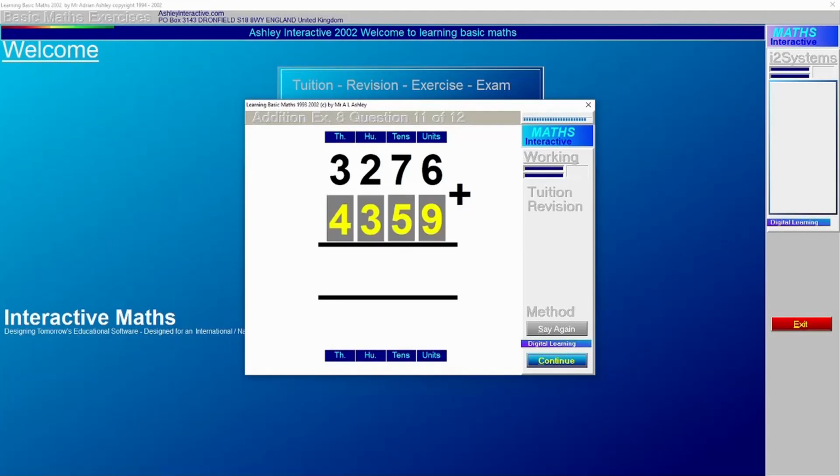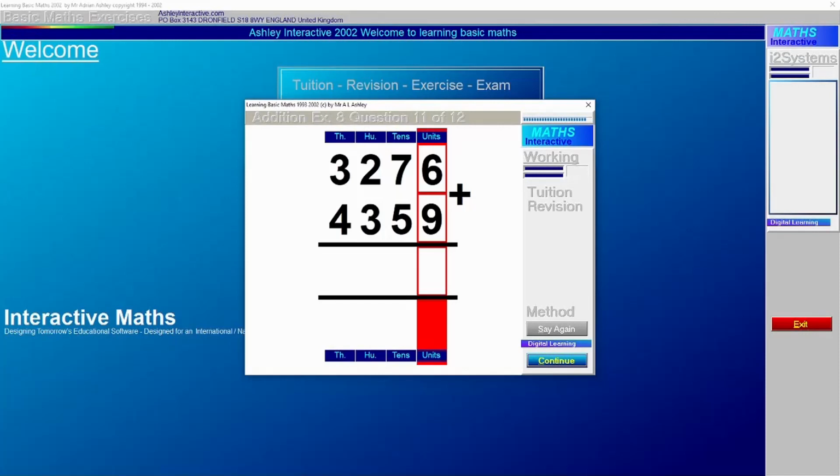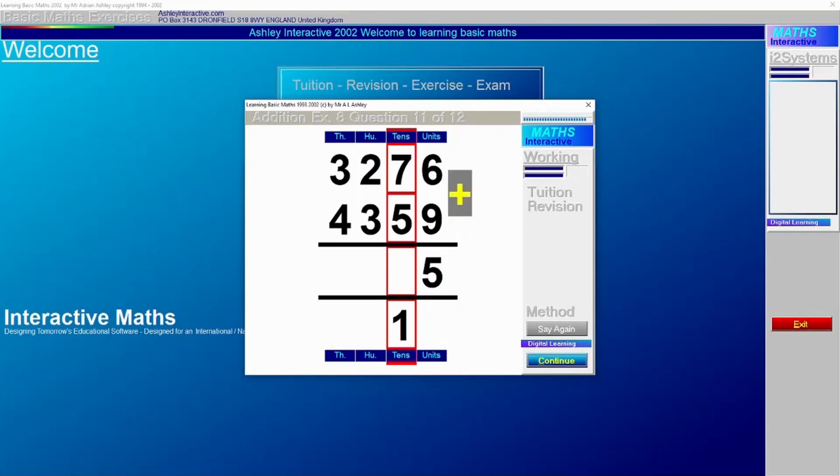3,276 add 4,359, adding up the units column. 6 add 9 is equal to 15. 1 carried to the tens column. 5 adding up the tens column. 7 add 5 add 1 is equal to 13.